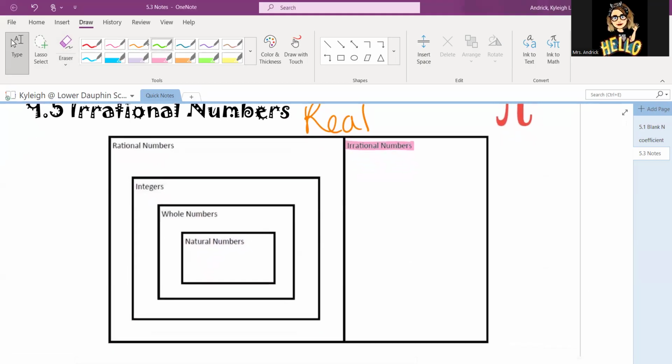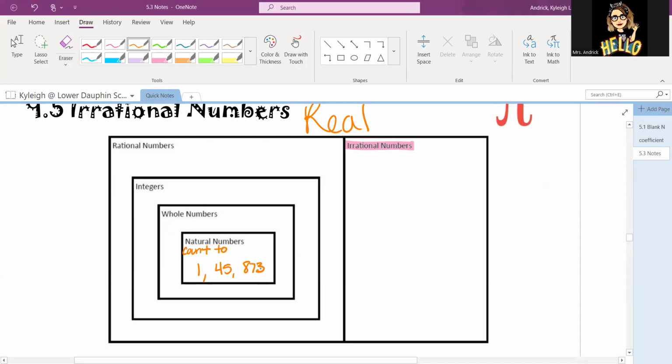Okay, so let's start at the very bottom. Natural numbers are things you can count to on your fingers. I could count to 25 if I really wanted to, or all the way up to 1,000,000, or 145,873.